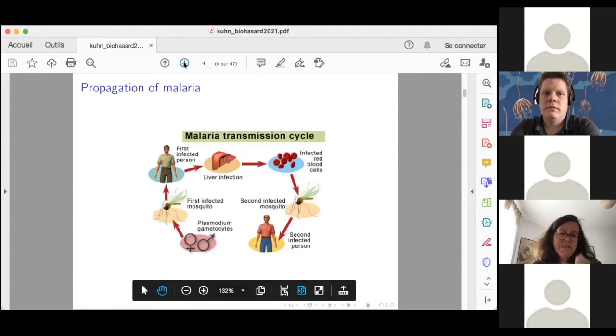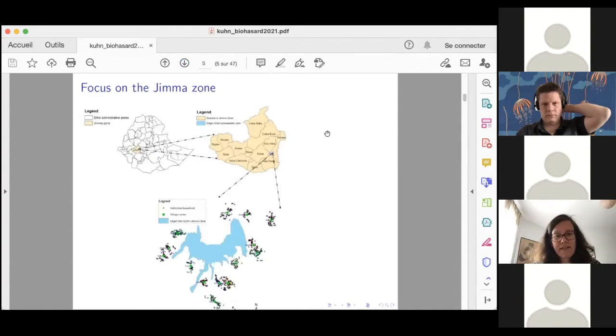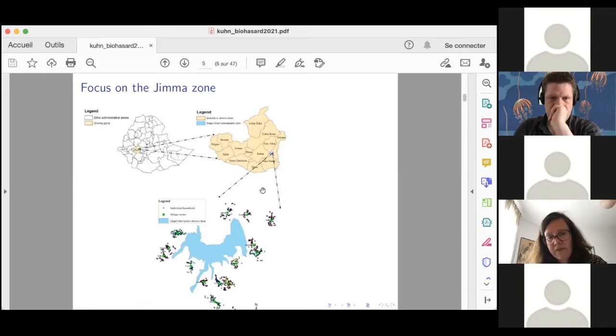We have a rich dataset collected in Ethiopia. Here you have Ethiopia, which is located in Africa, and we focus on the area around Jima. In the Jima zone, we have in particular one big dam, the Gilgel-Gibe Dam.